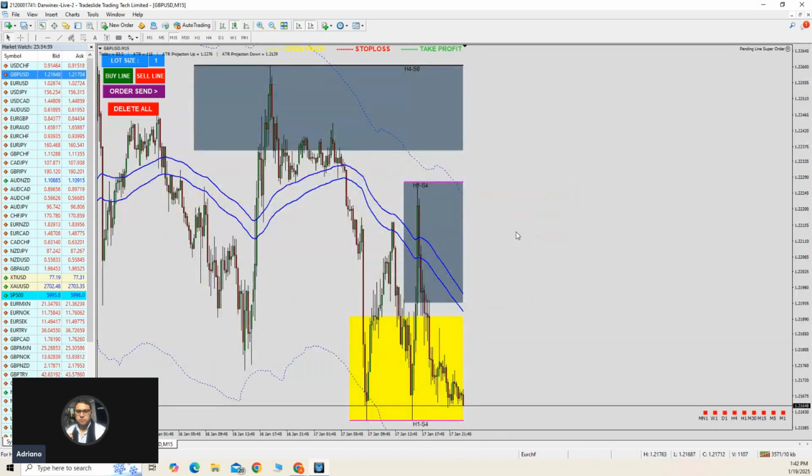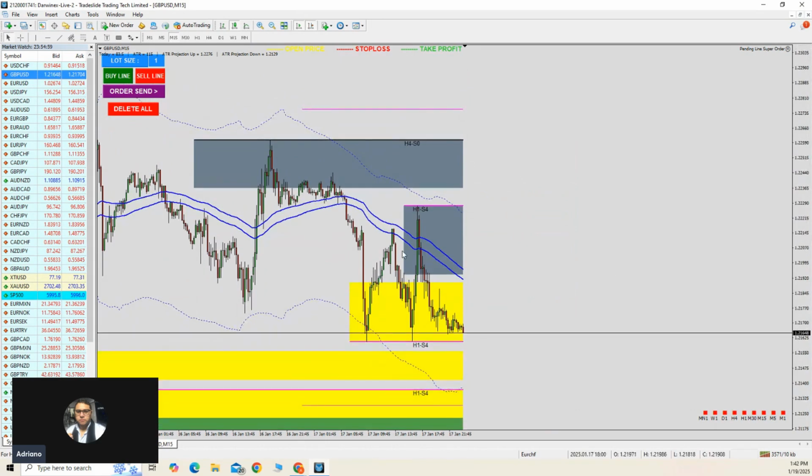GBP USD. So the market went up, formed an H4 zone, the market dropped, formed an H1 zone, and then the market went up and came back to the zone.